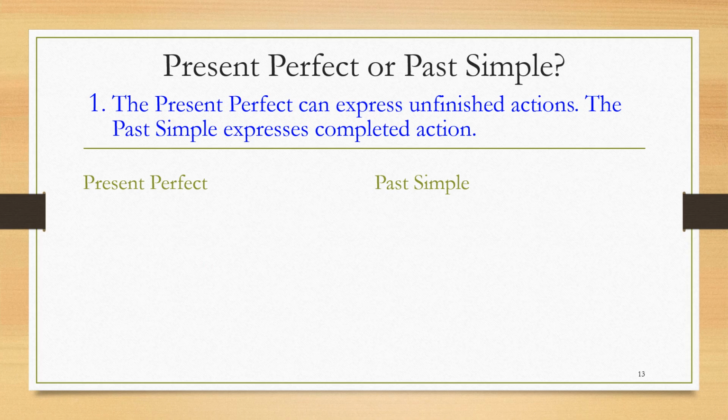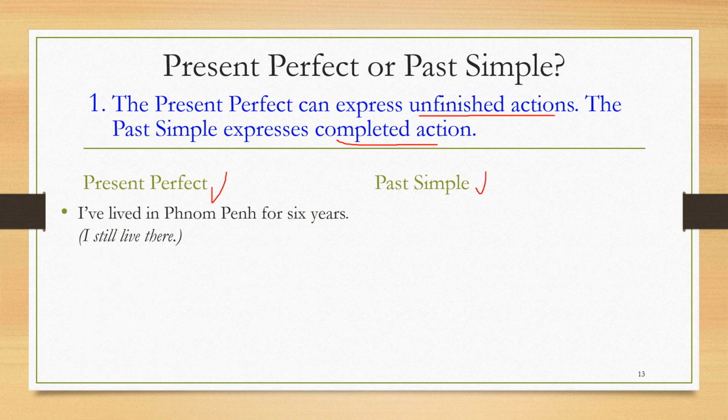So just remember this one for present perfect, and this one for past simple. All right, so you can look at the examples and compare between present perfect and past simple here.